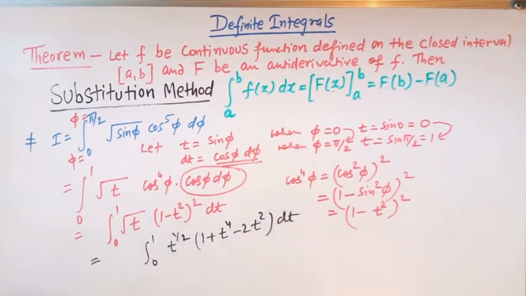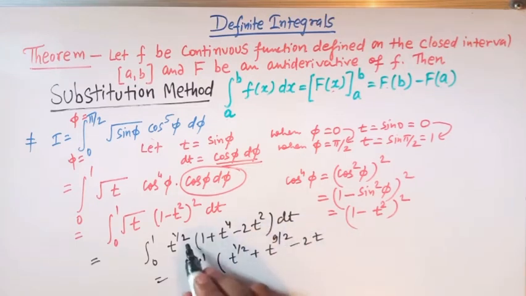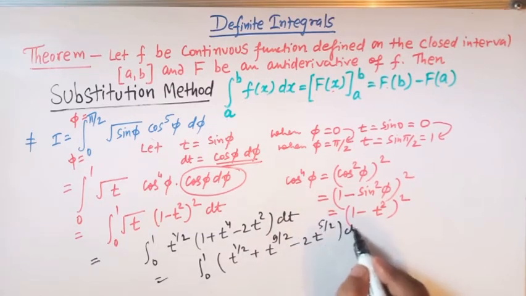Now if we multiply this with t raised to 1 by 2, then we'll have t half plus t 9 by 2 minus 2 t 5 by 2, and dt.